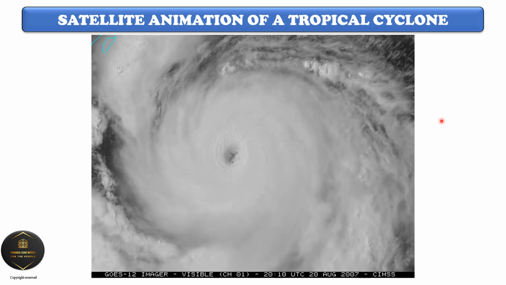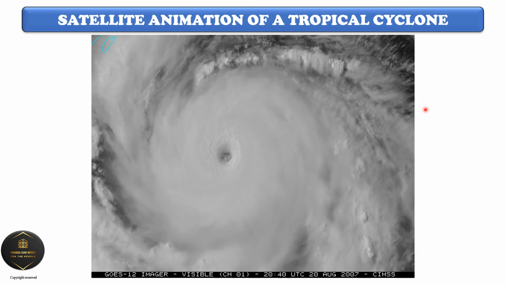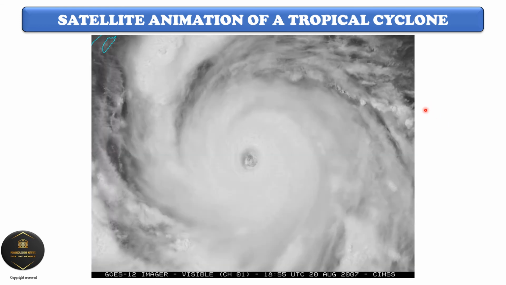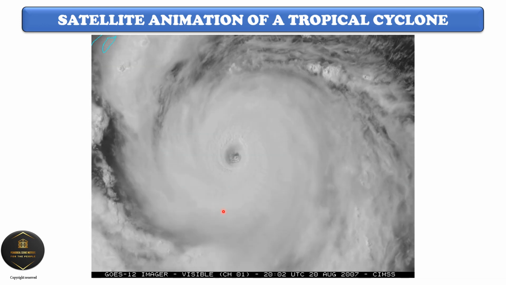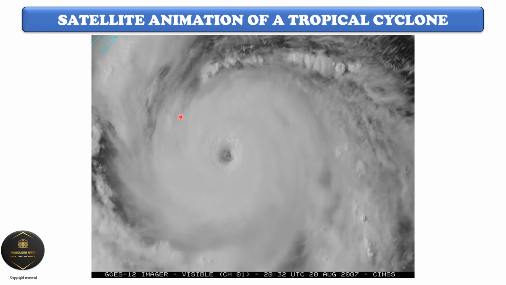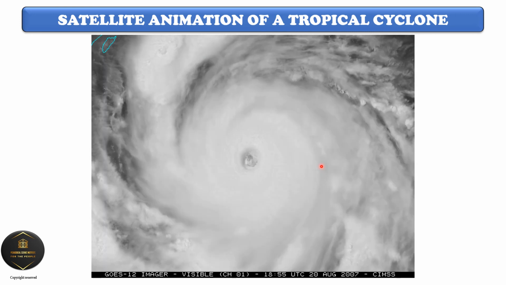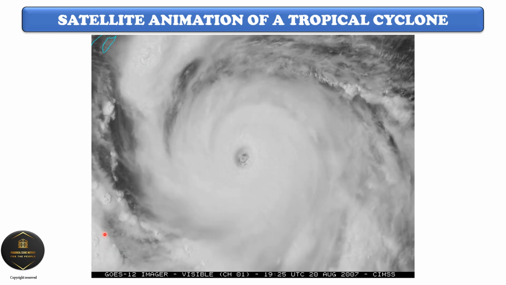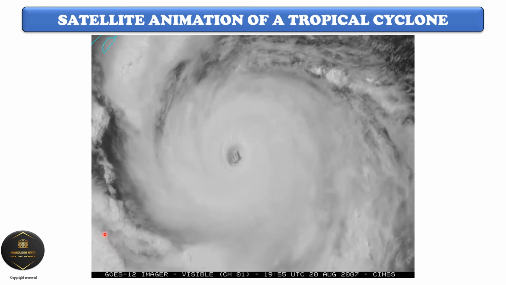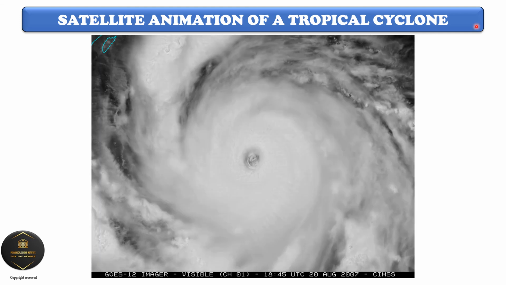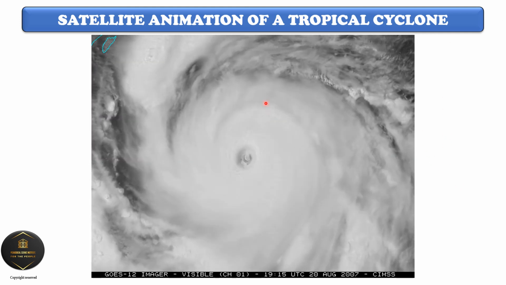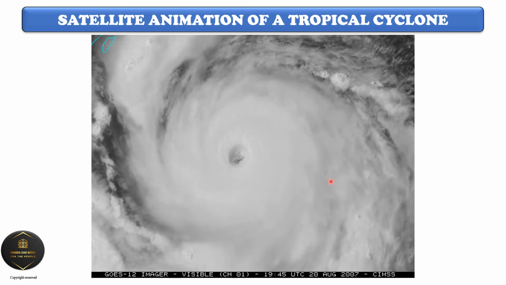Okay, so now let's just look at an animation of the system on a satellite image. So this is showing you an image of the system, and remember, now you will be asked in exams to talk about the circulation of air in the system, and we see that in this one the air is circulating in an anti-clockwise direction.